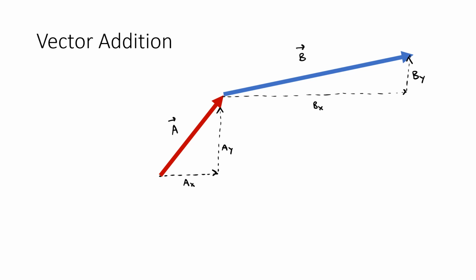Alright, so let me put a little checklist over here on the left. First, for vector addition, break the vectors up into their component pieces, like how you see me have them right here.